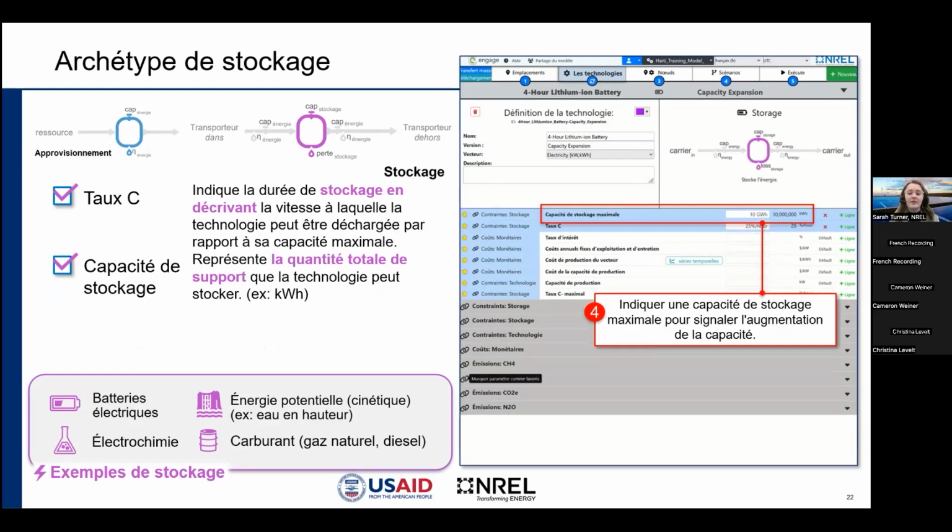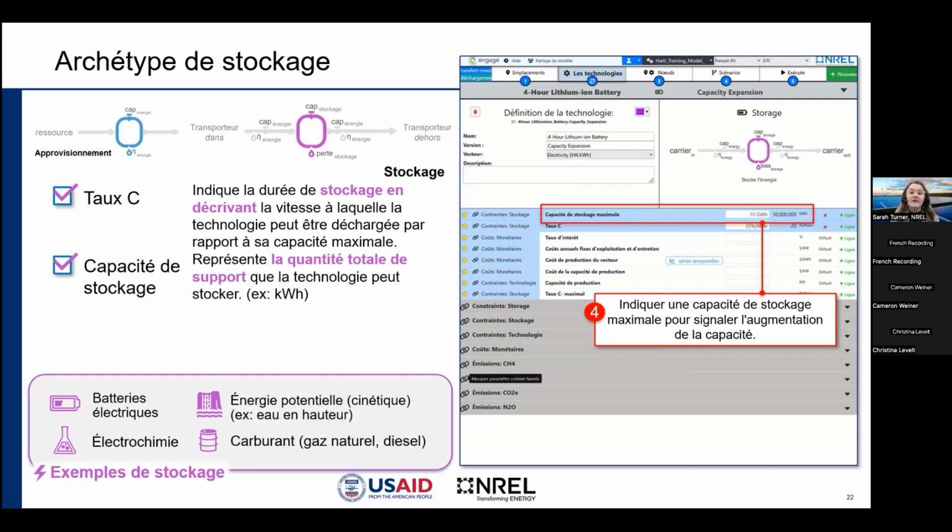The second parameter you're required to populate for a storage technology is its storage capacity. Unlike a supply technology's capacity, which represents the rate at which the technology can produce a carrier, the storage capacity represents the total amount of carrier the technology can store.